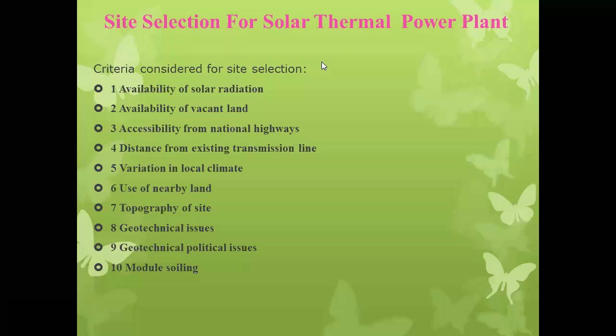We also have to consider how much sun duration is available, how much time the sun is available in that area. That is the local climate. And also we have to see the seasonal changes in the climate.